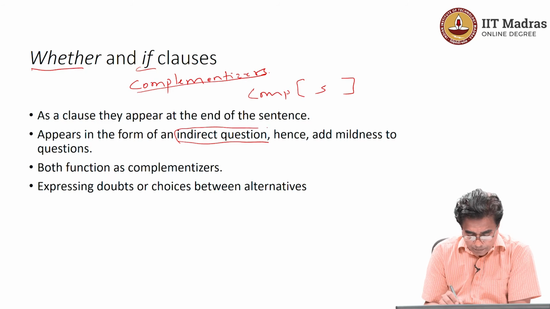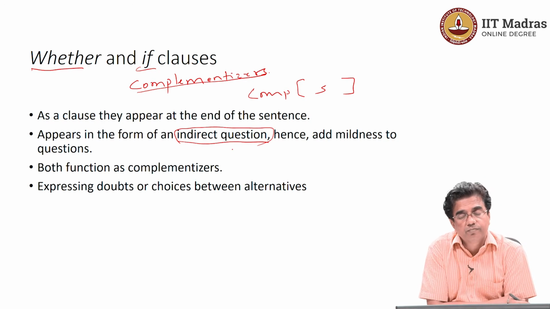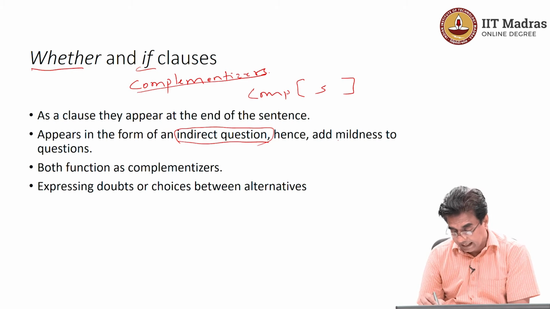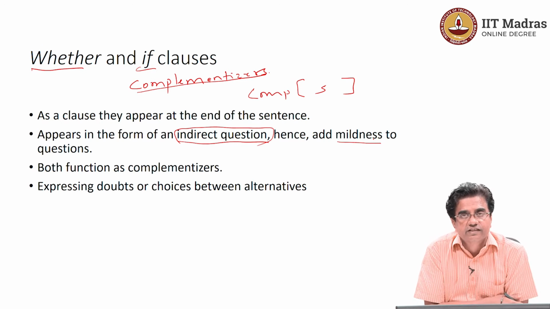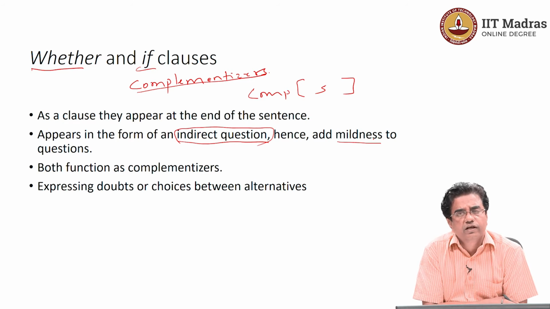One of the purposes of this type of complement is to ask an indirect question, and therefore it adds mildness and helps us soften our language. You will see a lot of contexts when you don't want to ask a very direct question to somebody. In such cases, these kinds of sentences become very handy.